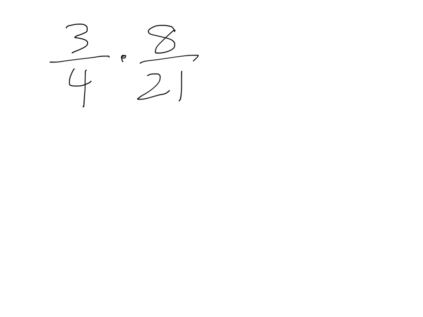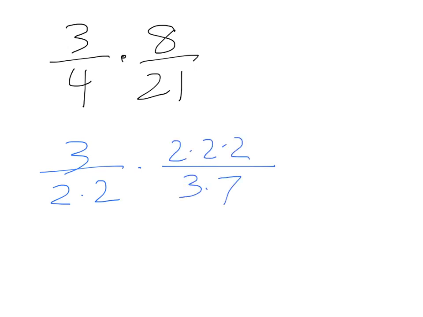If you did it right, you did 3 over 2 times 2, times 2 times 2 times 2 over 3 times 7. You canceled out the 3's, you canceled out a 2, you canceled out another 2, and you were left with 2/7. Did you get that right? Good, I thought you may have.